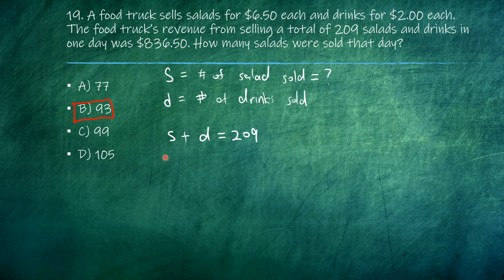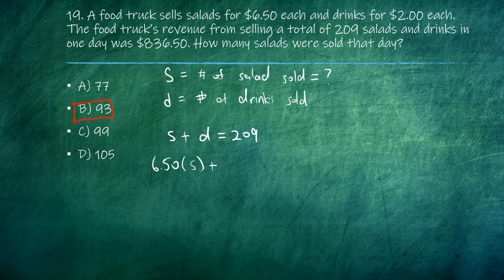So for our second equation, we can say $6.50 is the price of each salad, and on that day we sold S salads. So the revenue of salad is 6.5 times S. On the other hand, each drink is $2, and we sold D drinks that day.